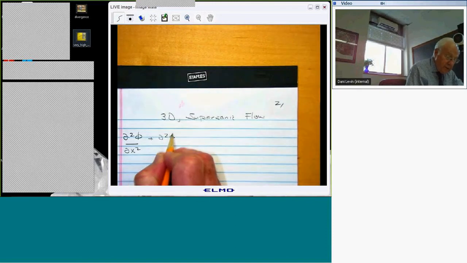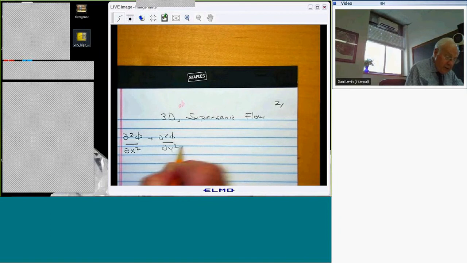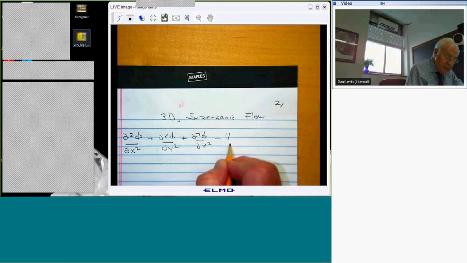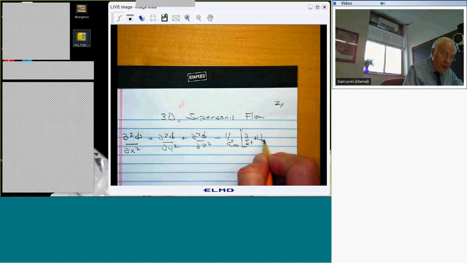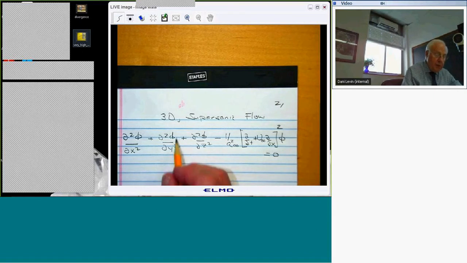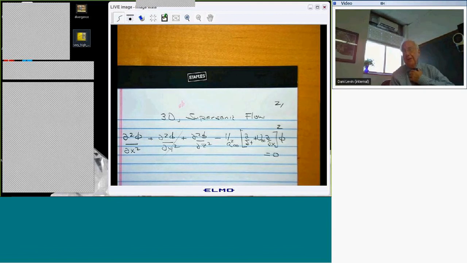The Laplacian of the velocity potential minus 1 over the speed of sound squared times the substantial time derivative, which includes the convection term, d dt plus u infinity d dx, operating twice on the velocity potential equals 0, right? And in 2D flow, we just drop this term.